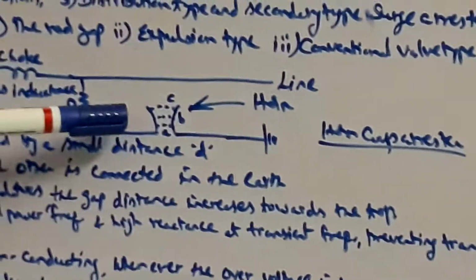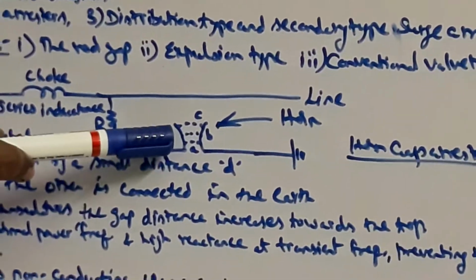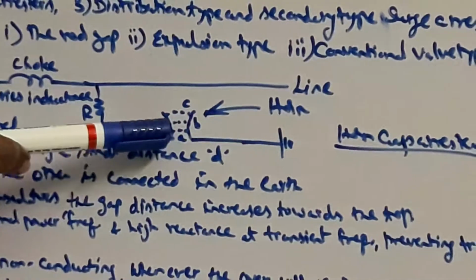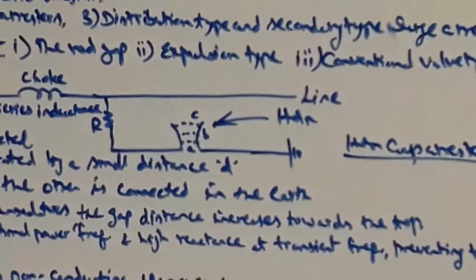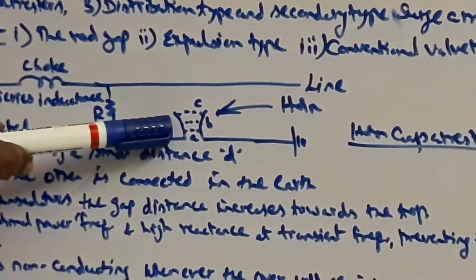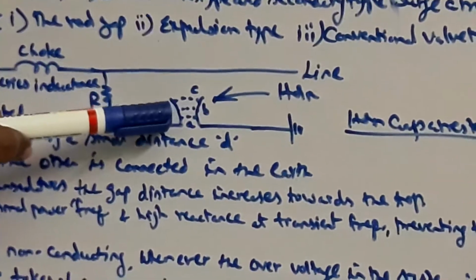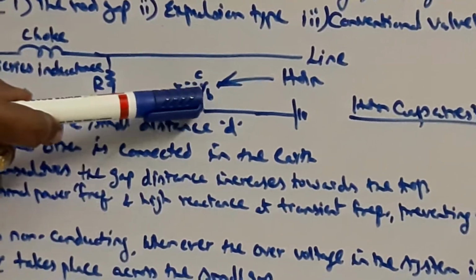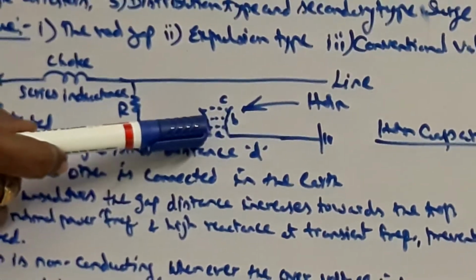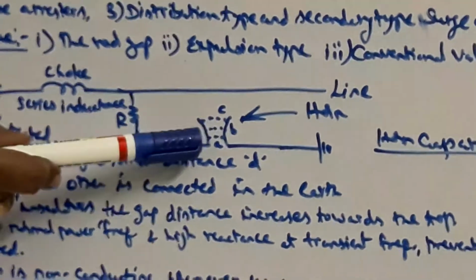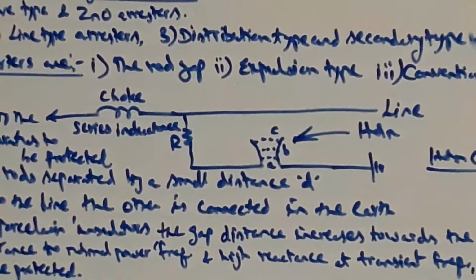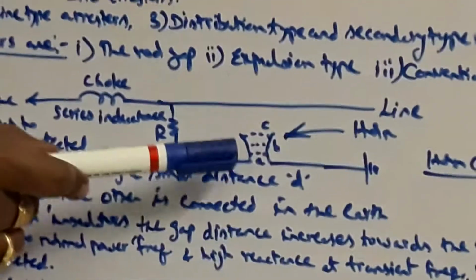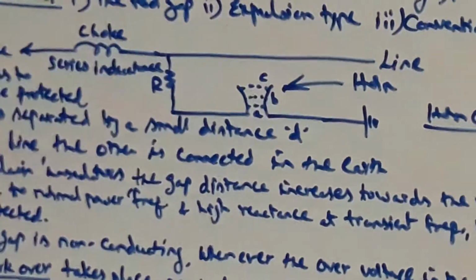Now when the voltage is very large under the surge, this high voltage will result in the breakdown of insulation in the air, producing a low resistance path for the current to flow between these two rods of the horn gap arrestor. So an arc is initiated by the very large voltage produced by the surge.